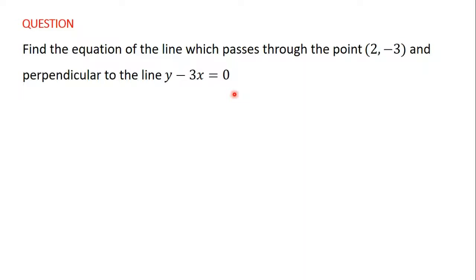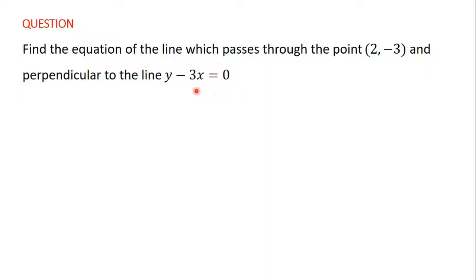We have learned that if two lines are perpendicular to each other, then the product of their gradients is minus 1. So if you multiply the gradient of the first line by the gradient of the second line, we are going to get minus 1. It means that the gradient of the line passing through the point (2, -3) times the gradient of the line y minus 3x is equal to 0 will give us minus 1.